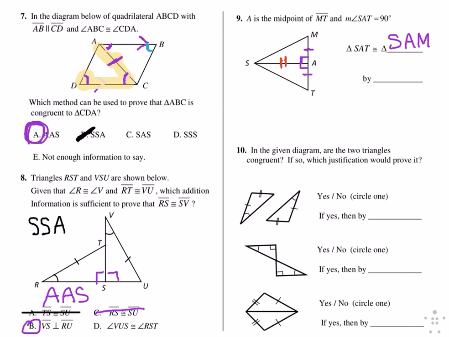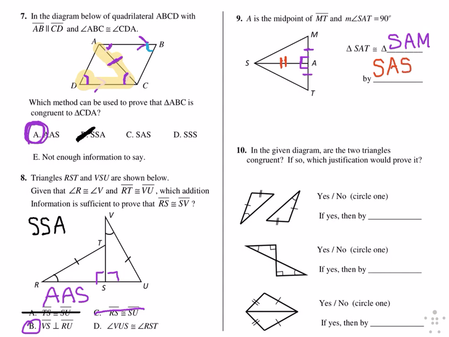And then we have a 90-degree angle, and then we have the two sides that are congruent to each other. So that would be side, angle, side. Let me try to write that a little bit nicer. Side, angle, side.